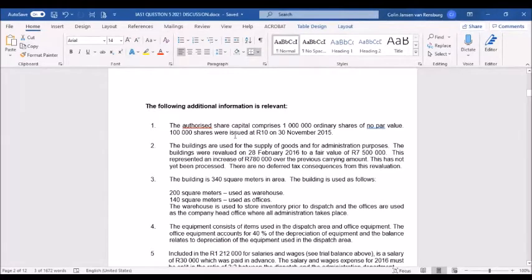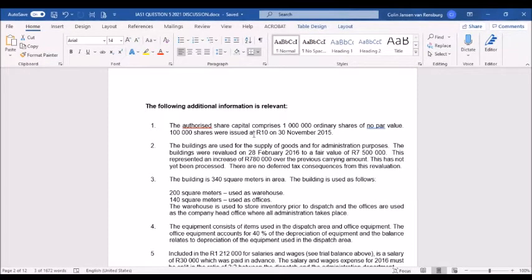But here we must take cognizance of this very first paragraph under the additional information, where they said the authorized share capital comprises 1 million ordinary shares of no par value, and they also add their 100,000 shares were issued at 10 rands on the 30th of November 2015. Now, Mr. Bormann always draws that beautiful timeline.